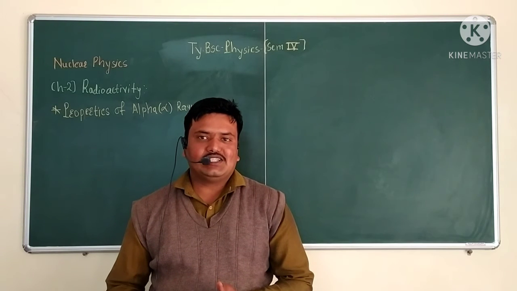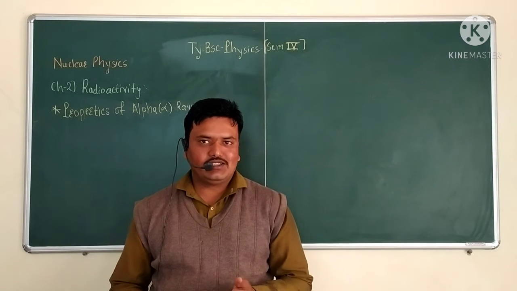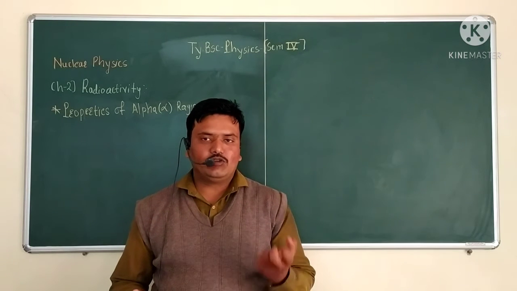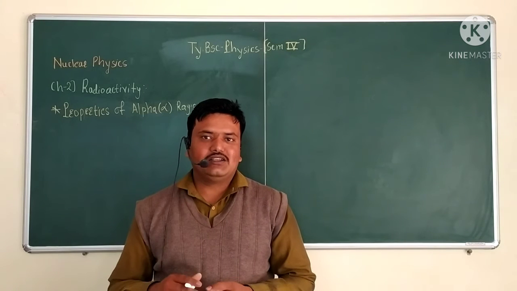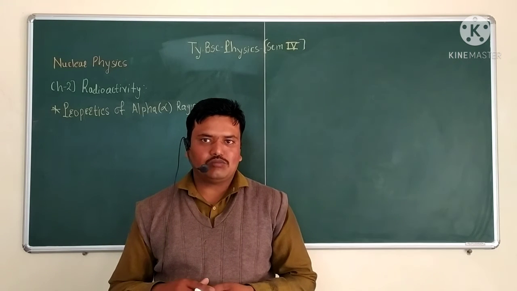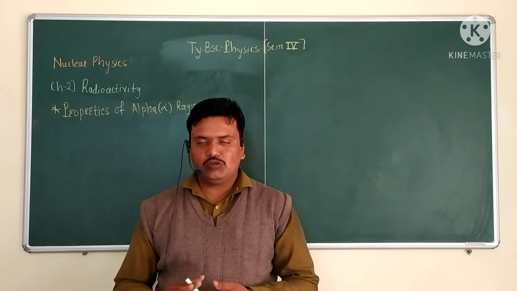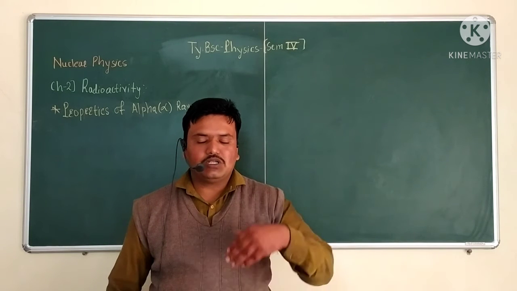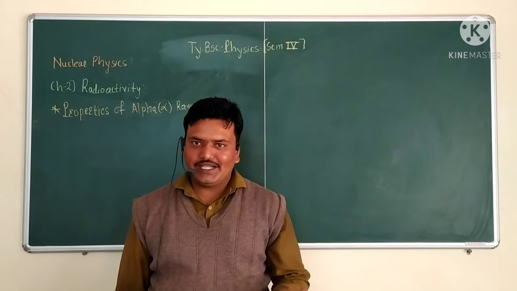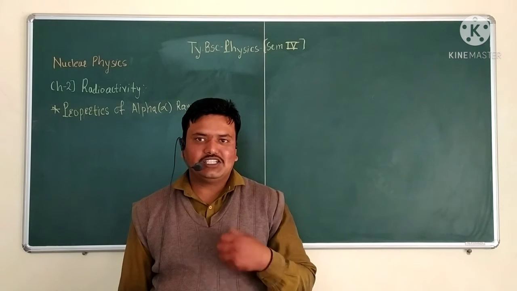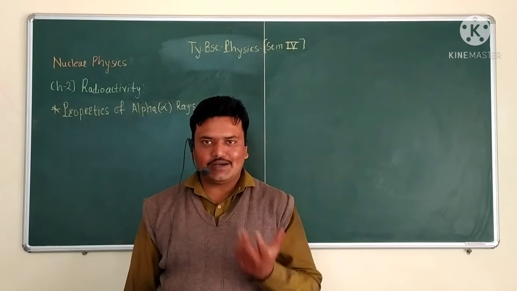And in the summary of the last lecture, we have already seen what is meant by radioactivity. Radioactivity means the spontaneous emission of energetic radiation from a substance. Then we saw that the radioactive substance emits radiation in terms of alpha rays, beta rays and gamma rays.